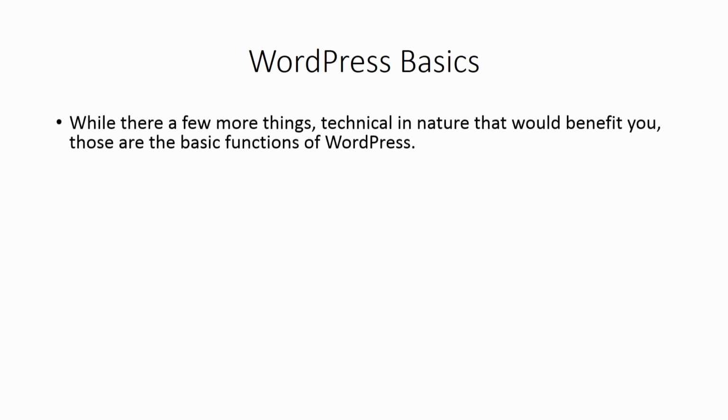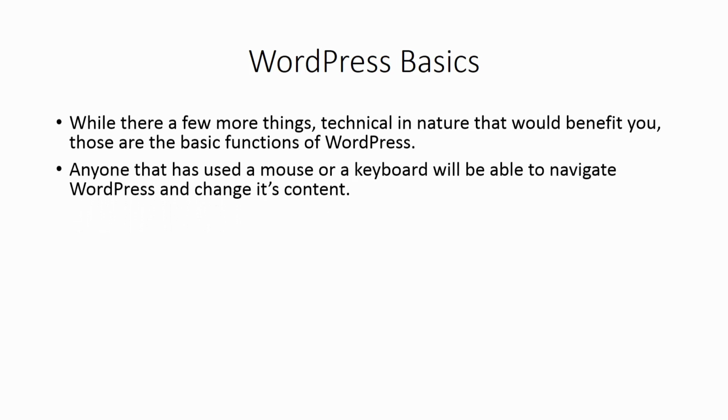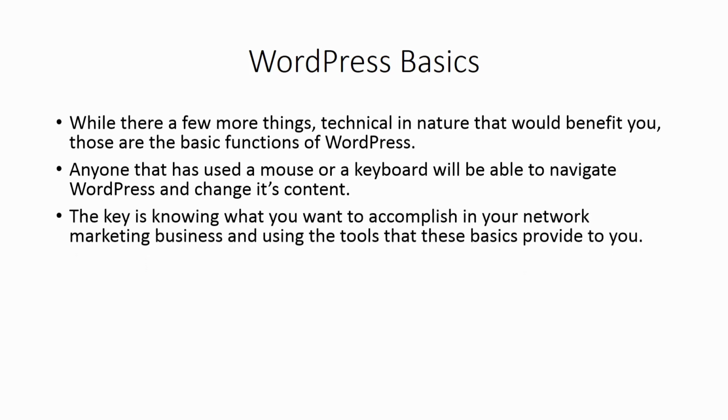Now, while there are a few more things to WordPress technical in nature that would benefit you, those are the basic functions of WordPress. Anyone that has used a mouse or keyboard will be able to navigate WordPress and change its content. Now, the key is knowing what you want to accomplish in your network marketing business and then using the tools that these basics provide to you.